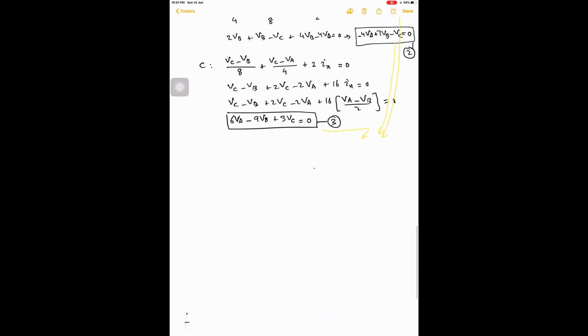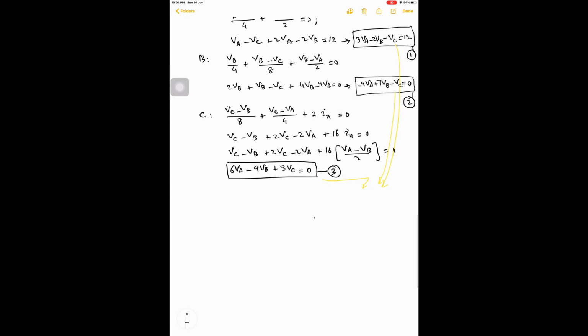So the first equation is 3VA minus 2VB and minus 1VC in matrix form. Right hand side, look at the first equation, is equal to 12. Second equation: minus 4VA plus 7VB minus 1VC is equal to 0.